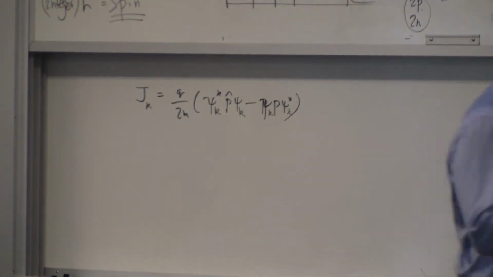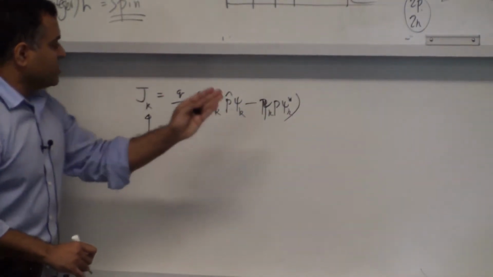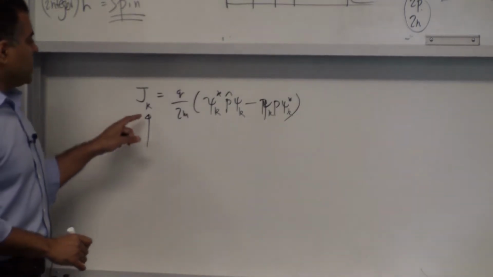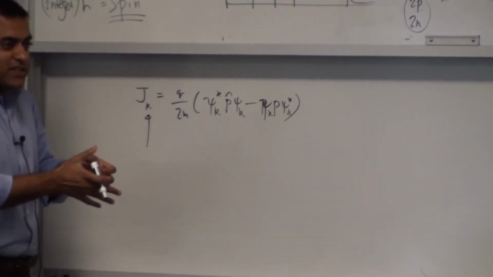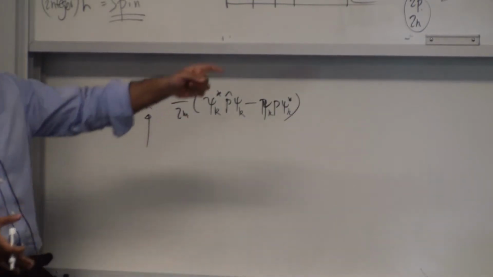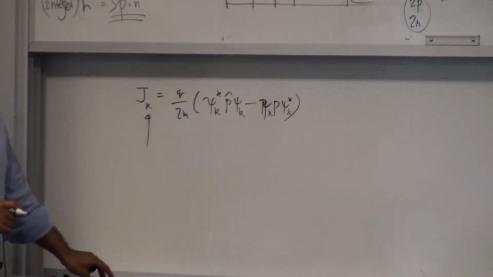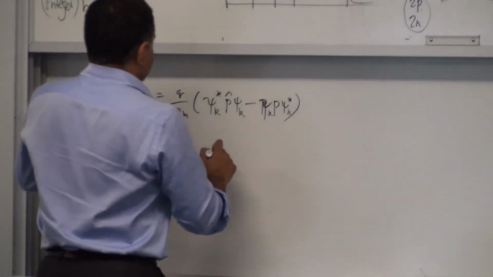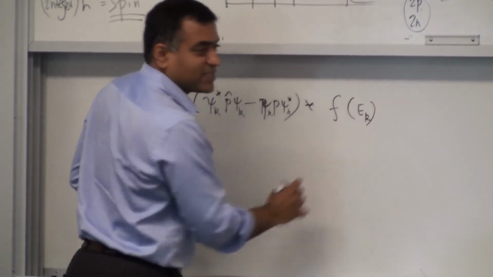So the current carried by a state k or orbital k is given by that expression we had derived earlier. But whether this current will actually be carried or not depends on whether there's a particle there to carry it or not. And these are the occupation functions that tell you whether they are there or not. So you must multiply this with the occupation function of that state. Does that make sense?